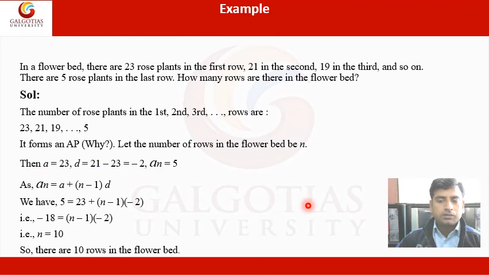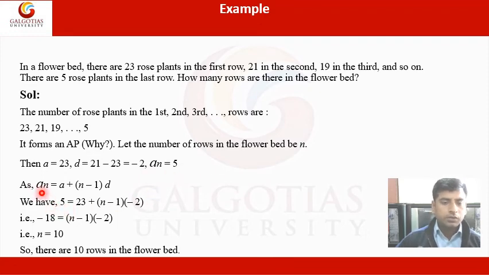Suppose the number of terms be n. So here a equals 23, that means the first term is 23. The common difference is 21 minus 23, that is minus 2, and the last term an is 5.